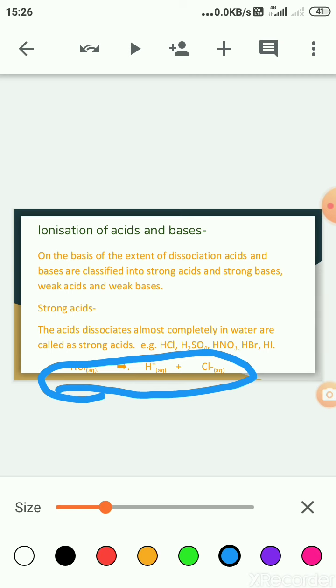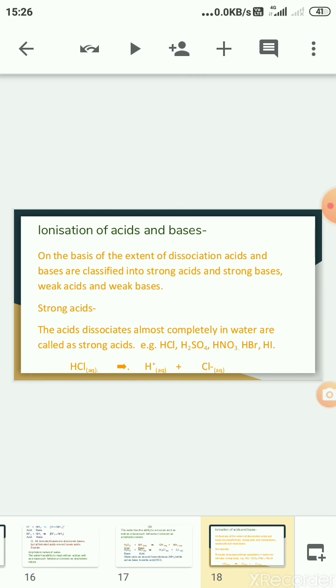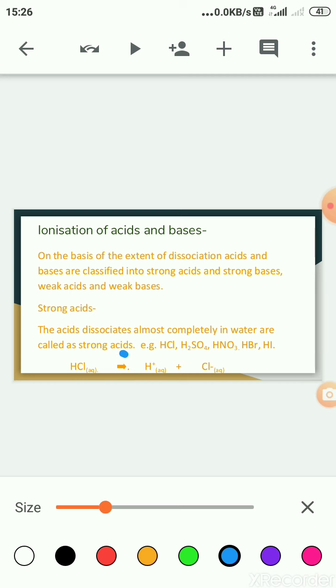We can see the ionization as it dissociates completely. HCl gives H plus and Cl minus ion. Therefore, it is denoted by a single arrow in the forward direction. That means it undergoes complete dissociation, and complete dissociation is nothing but ionization.